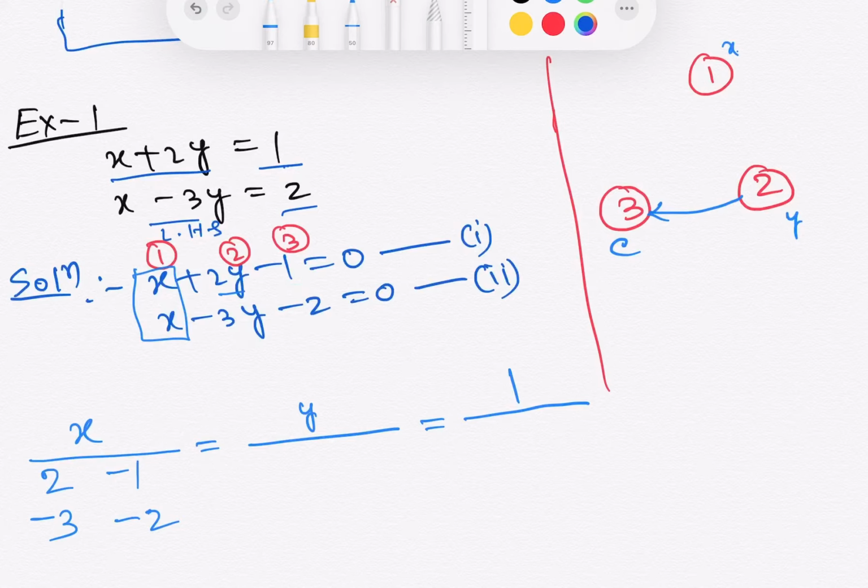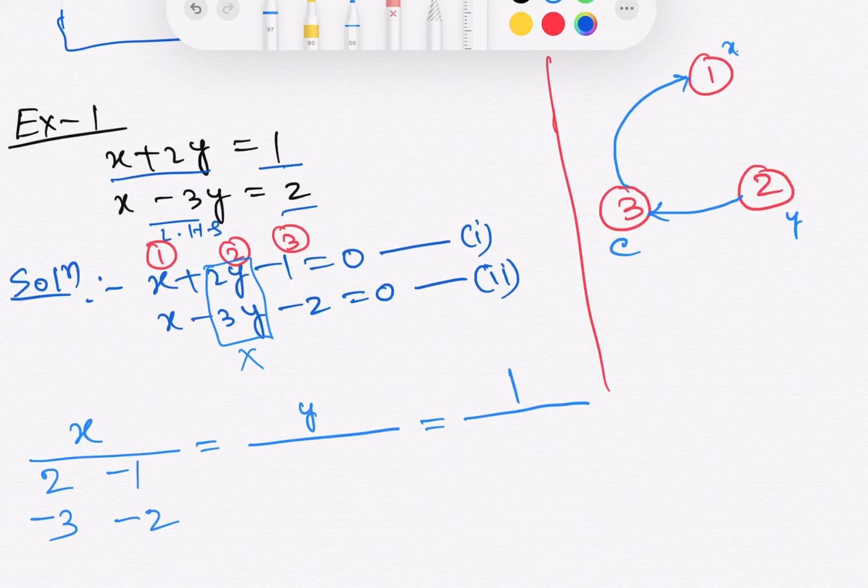Now after that we concentrate on the y portion. When we concentrate on the y portion, we don't look at this part, we only work with numbers 1 and 3. So 1 is the x variable part and 3 is the constant part. Now we draw another anti-clockwise arrow, from 3 to 1.